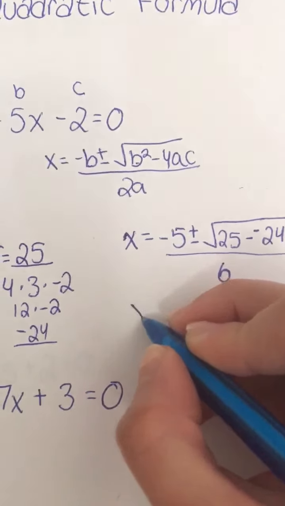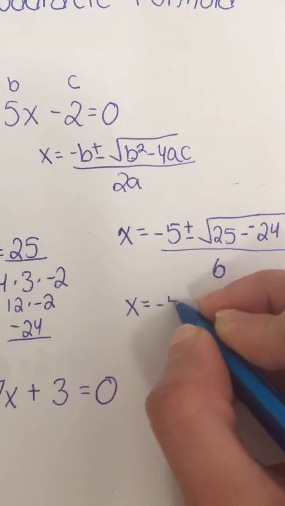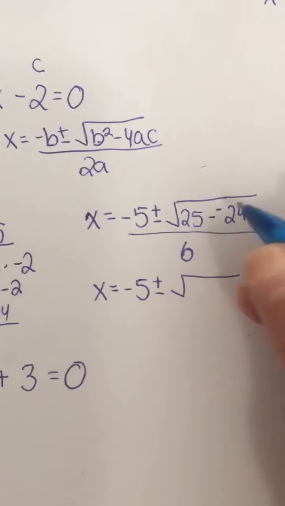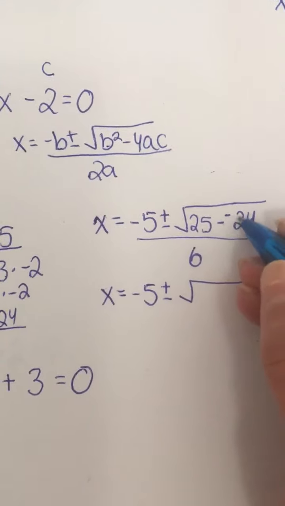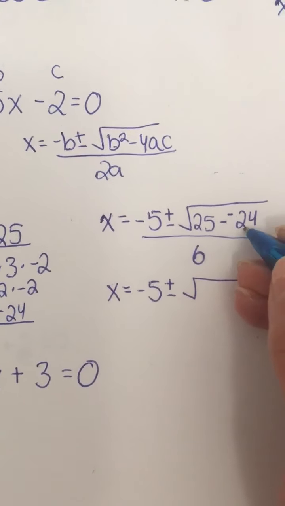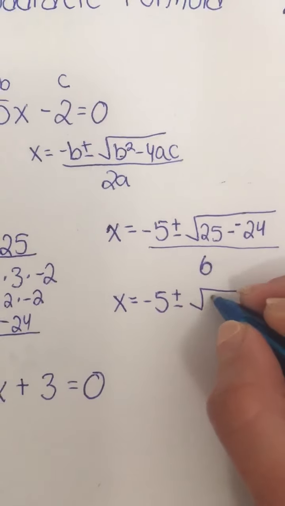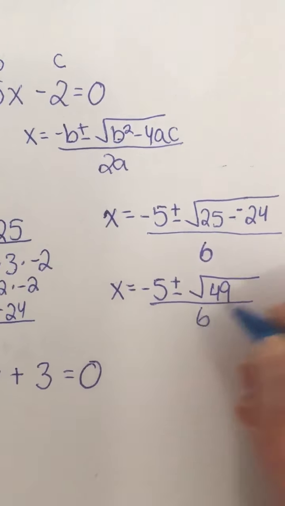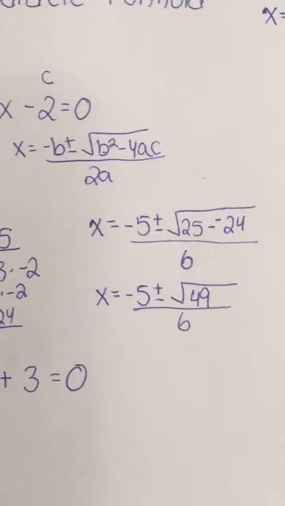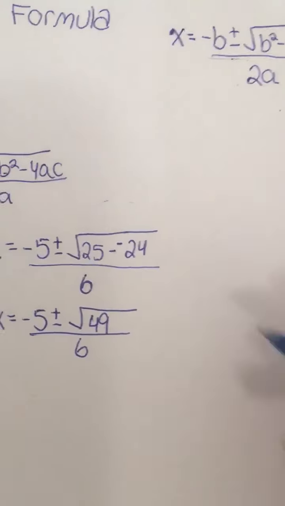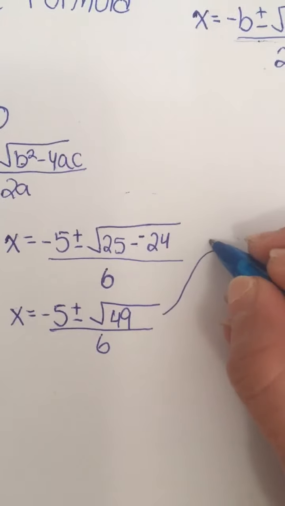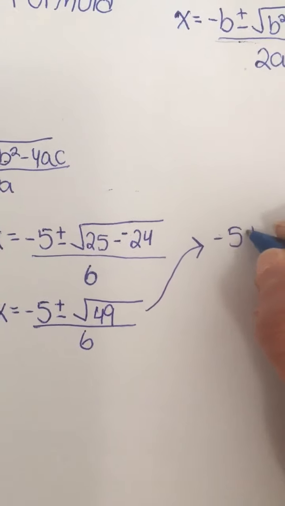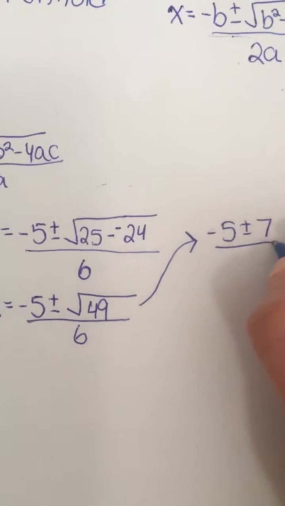So x equals negative 5 plus and minus the square root of, and here we have minus and negative, so that means we're adding these, so that would be 49, which actually makes this one pretty nice, over 6. And then we're going to simplify the square root. The square root of 49, perfect square, is 7. So we have negative 5 plus and minus 7 over 6.